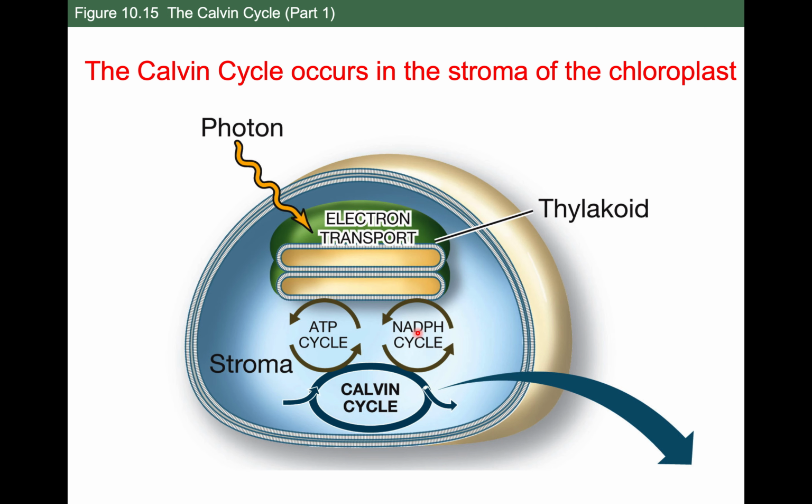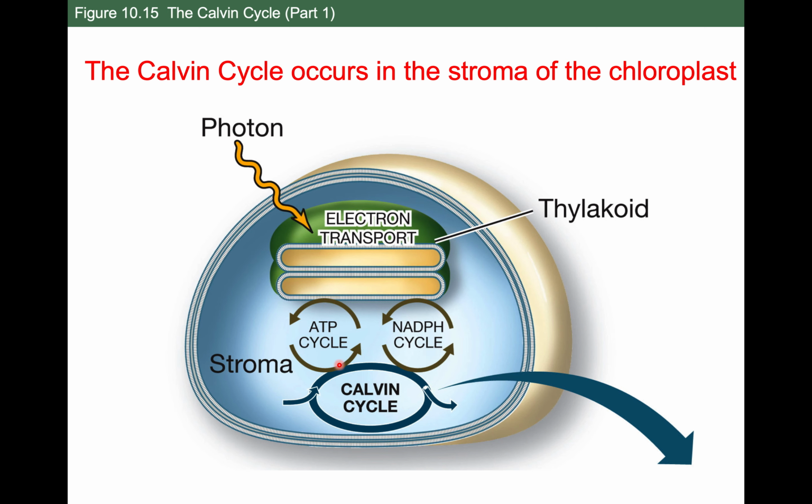The ATP and NADPH that get produced are actually being made in the stroma. If you go back to the cartoon of the photosystems, you'll see that they were actually being made on the stroma side of the membrane. And then all the enzymes that we need for the Calvin cycle are out here in the stroma, and we can use the ATP and the NADPH to power that Calvin cycle to make those sugars.